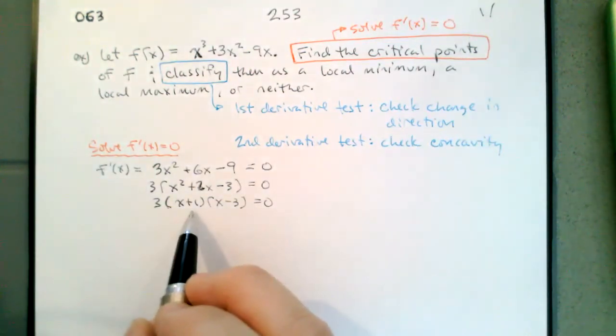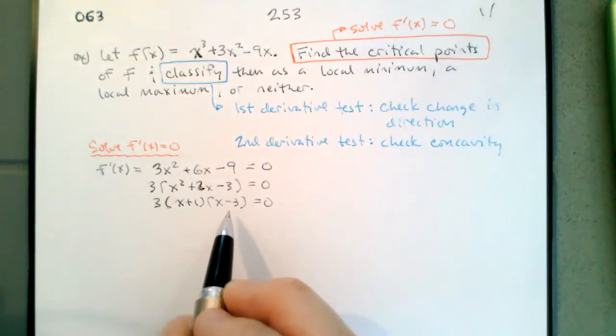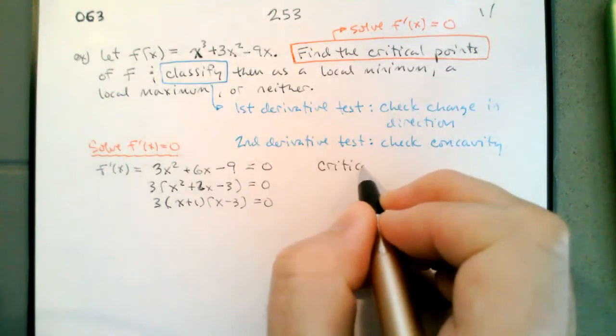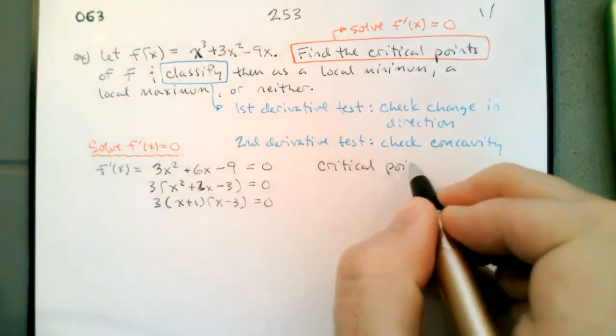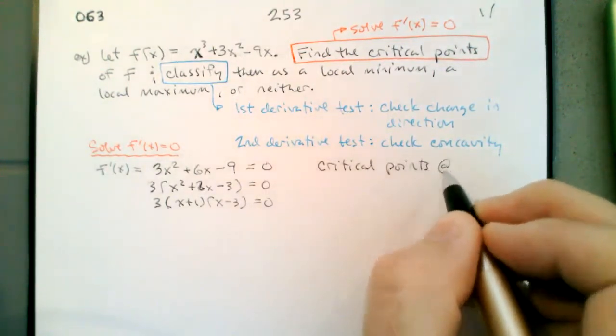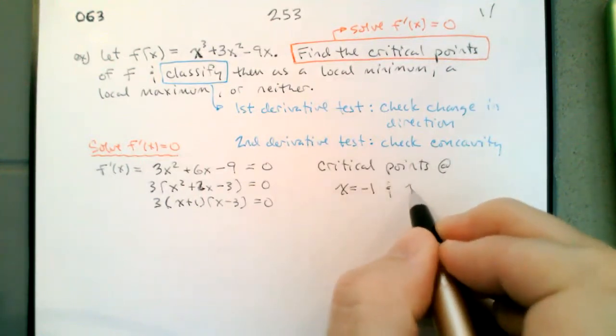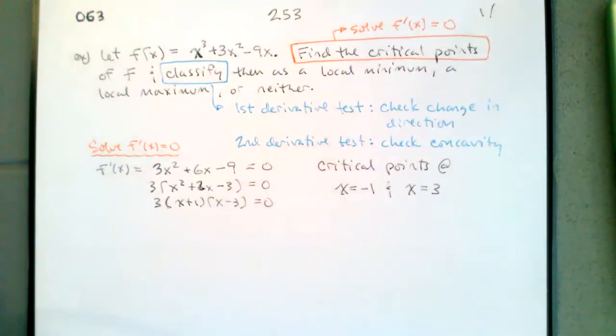So there's a 0 at -1 and +3. So we have critical points at x equals -1 and x equals +3.